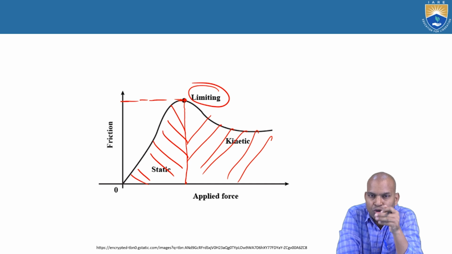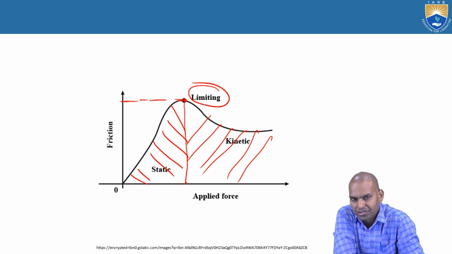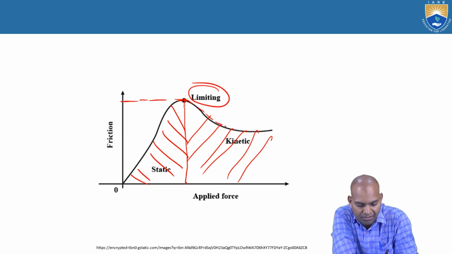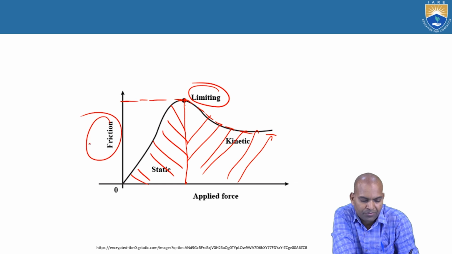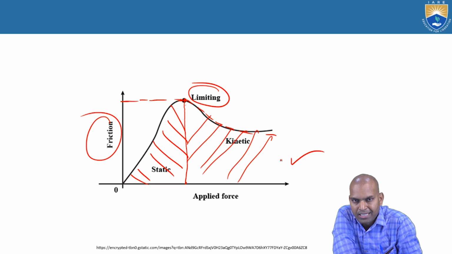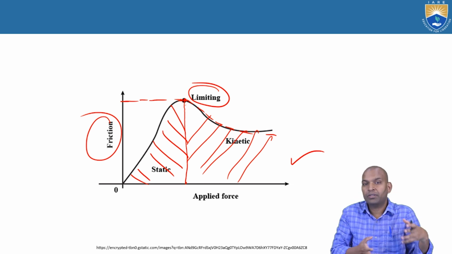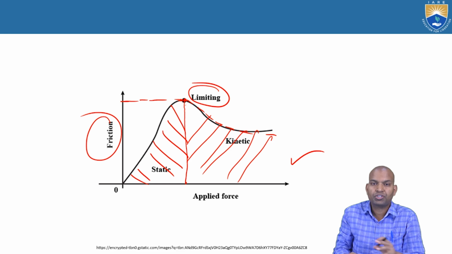If the applied force crosses the limiting friction, then the friction value decreases and the body is under motion. You can see it is decreasing; the frictional force is getting reduced. At the limiting frictional force, the coefficient of friction is maximum. This is a very important diagram to understand the relationship between static friction and dynamic friction, and also the coefficient of friction and the applied force.